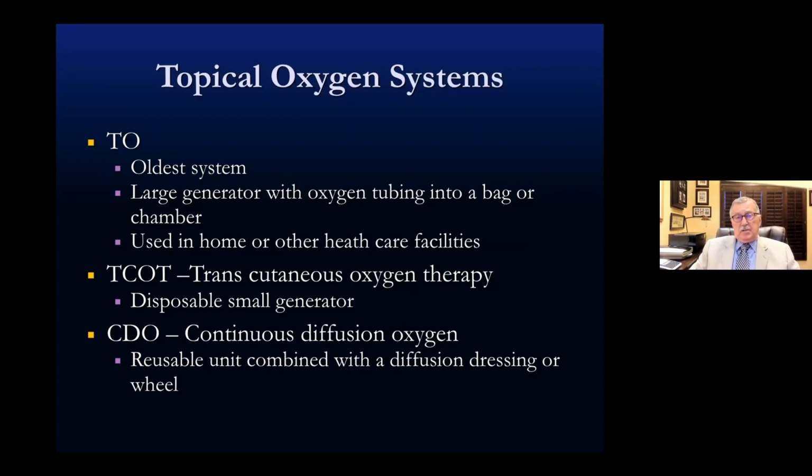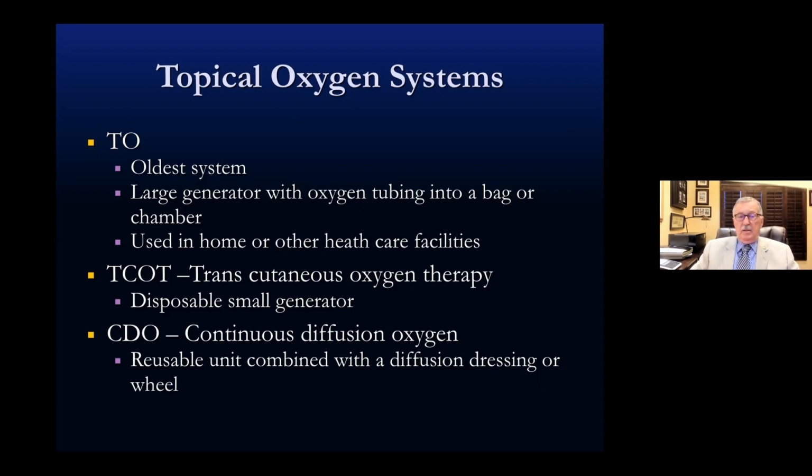Topical oxygen systems: TO is the oldest system. The current equipment available has a large generator, so generally it's used in the home, which is an advantage, or in a healthcare facility. It has a large generator that delivers oxygen into tubing that is then delivered to a chamber that encompasses the wound.